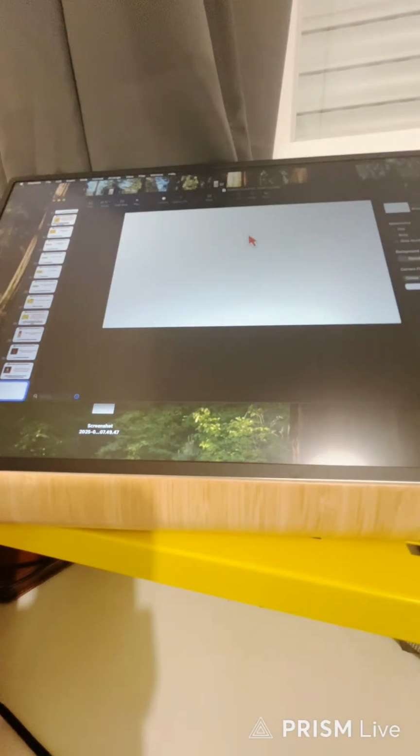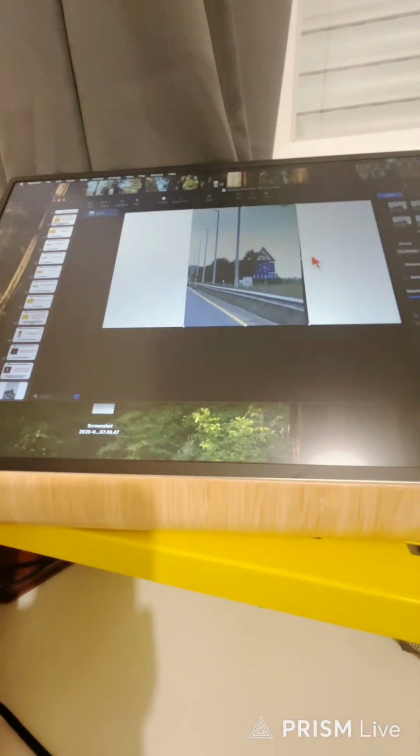Let me paste it here. It's on the road, but let me try to crop it so that you can see it.